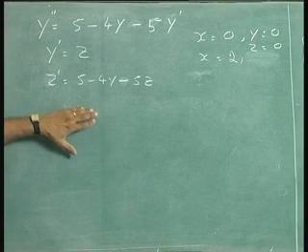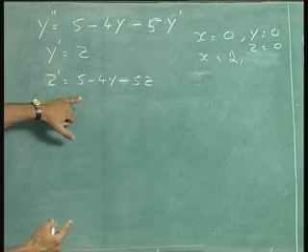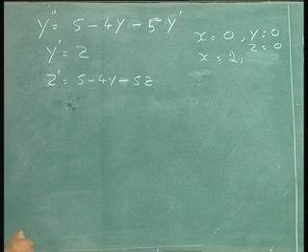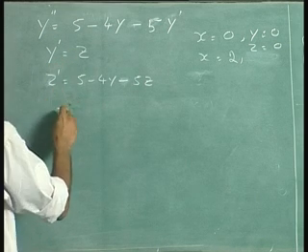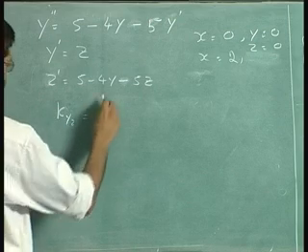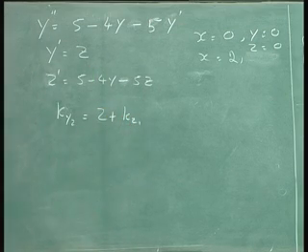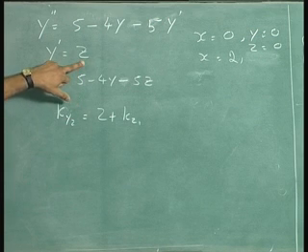Now I want to compute the next step, that is kz1, ky2 and kz2. Remember, ky2 is in this case z plus kz1.